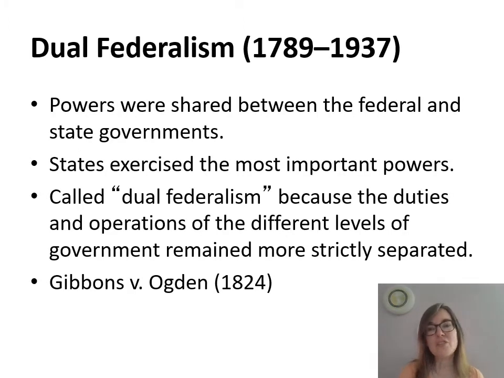The first stage of federalism was dual federalism. So under this arrangement, powers were shared between the federal and state governments, and it was carrying out what the framers of the Constitution intended.